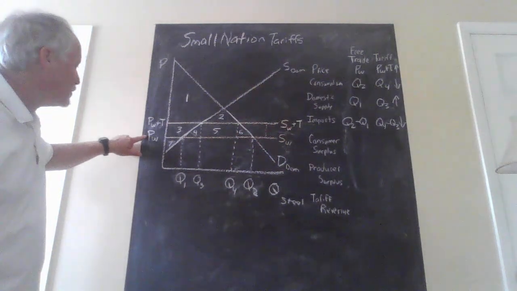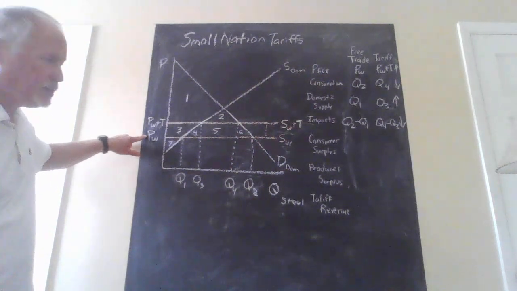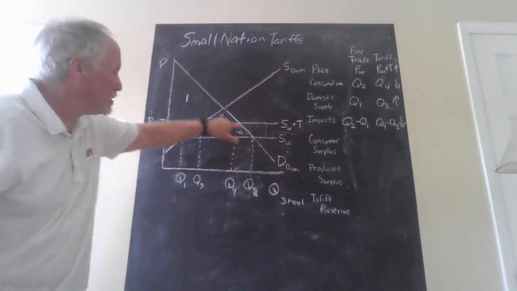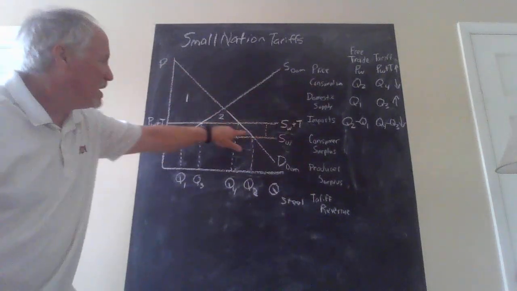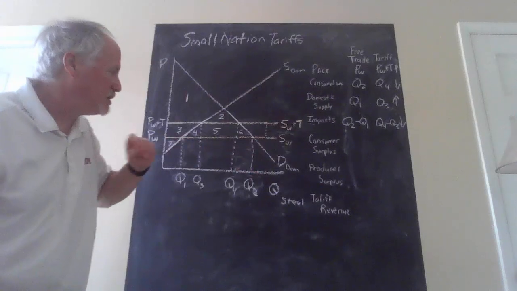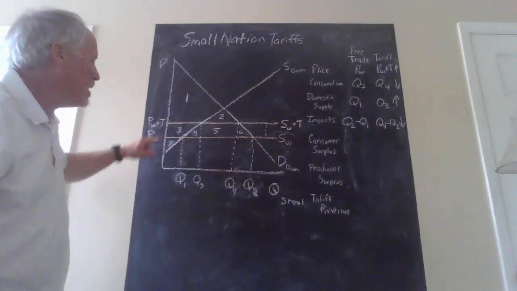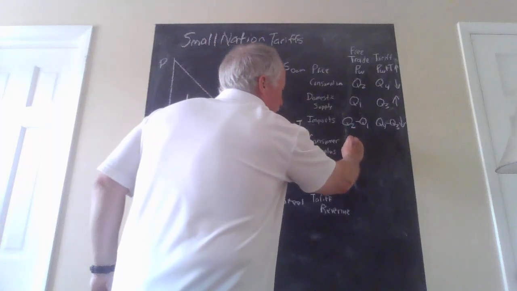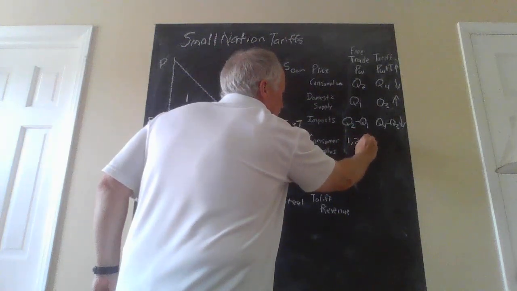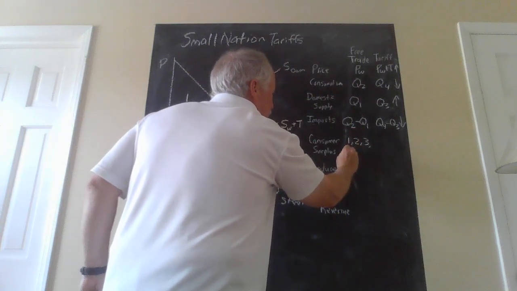In free trade, the price is PW, and so what's below the domestic demand curve and above the price, that's this here. If that demand curve is linear, then this is a triangle, and we see that we have areas 1, 2, 3, 4, 5, and 6 in the consumer surplus.